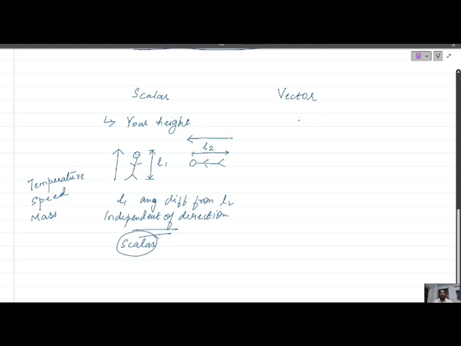Now, let us look at what is a vector quantity. Imagine you are standing near your house. We have the north, south, east and west. So on the western side of your home, about 100 meters, there is a shop. Whereas on the eastern side, again at a distance of 100 meters, let us say that there is a playground.